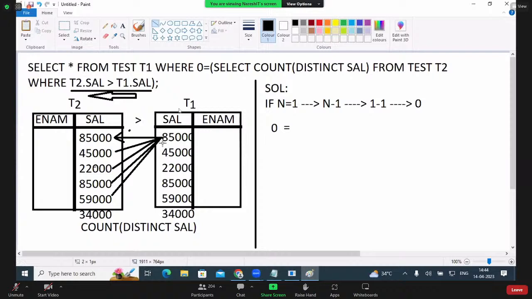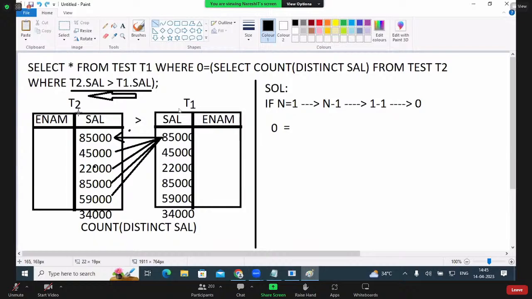In this comparison, now tell me, greater than 85,000 means above 85,000. How many values are there in my T2 alias table? No values.